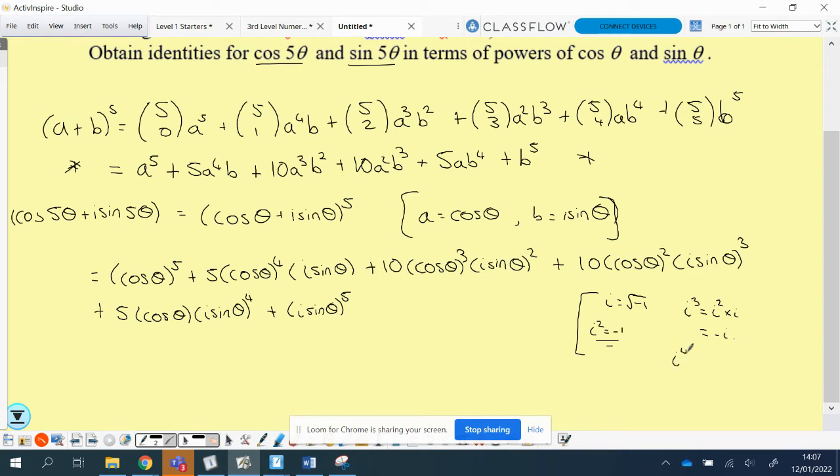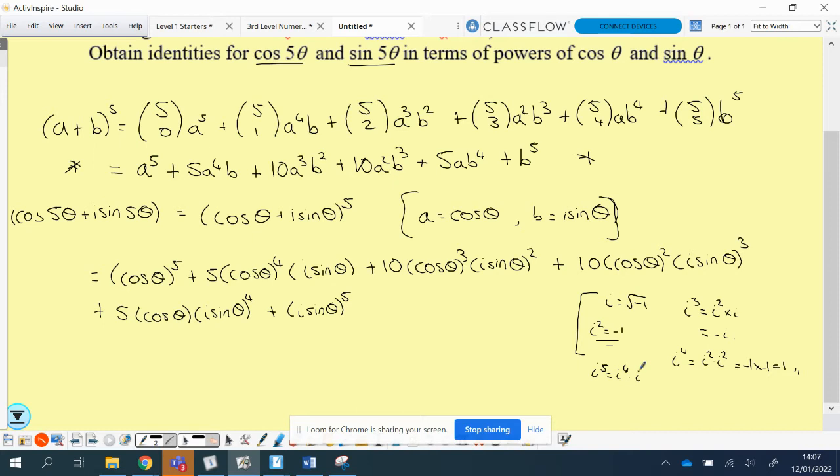And i to the power 4 would be i squared multiplied by i squared, which is -1 times -1, which is 1. So that's what I'm going to get if I get an i to the power 4. The last term would give me an i to the power 5, which is i to the power 4 multiplied by i.